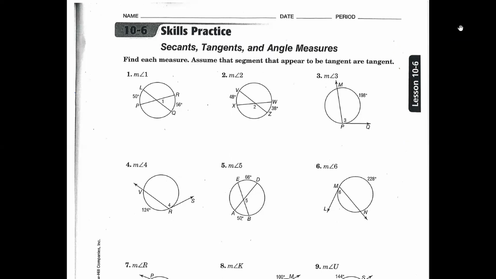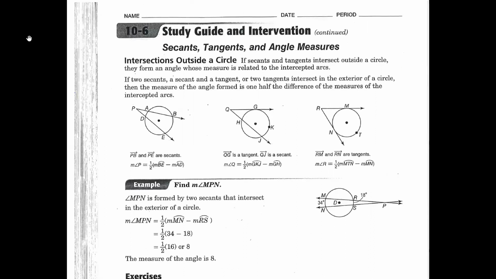Now, for the first set here, 1 through 6, you had to use one of two formulas. There are 3 formulas from yesterday. There is one for an angle on a circle: the angle on a circle was always equal to half the intercepted arc, so arc divided by 2.